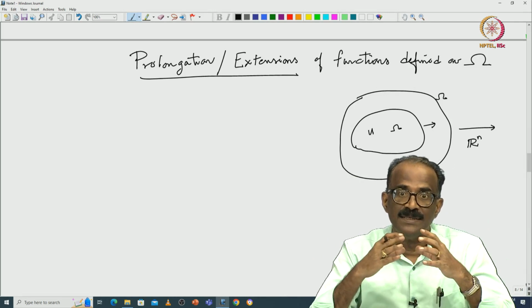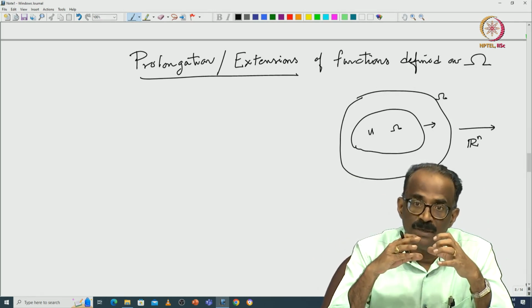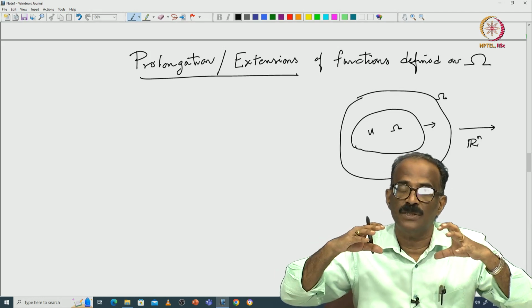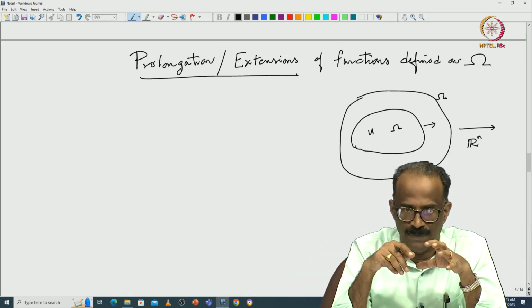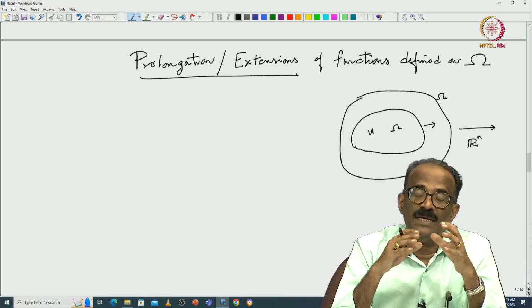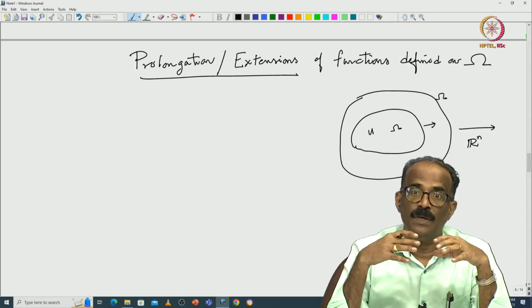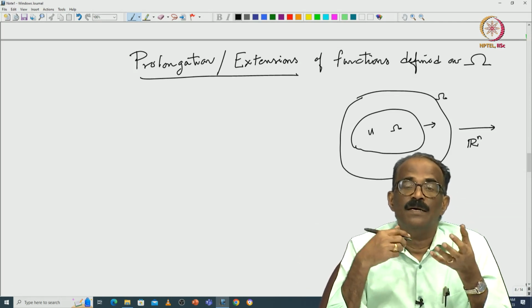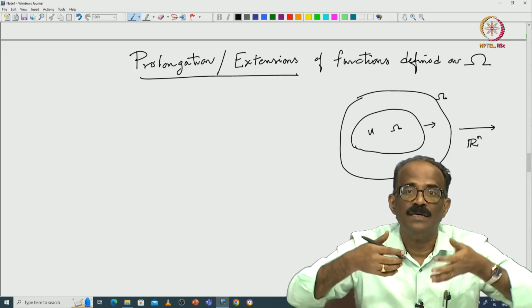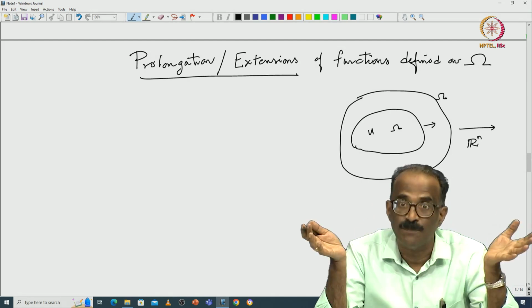The advantage is that sometimes near the boundary it will be difficult to work, so you need an extended function outside the boundary. So, you get some freedom to work. Another important thing is that when you extend to all of R^n, you will be able to use the global theory like Fourier transform and convolutions, which are defined on R^n, the full space.